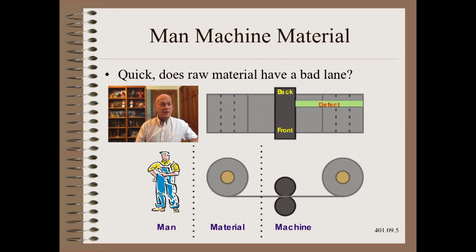So let's return to the theme of this module. That is, all problems are sourced in either man, machine, and/or material. We will now apply this technique more carefully to the problem we just looked at, a coater streak, by discussing two new points.